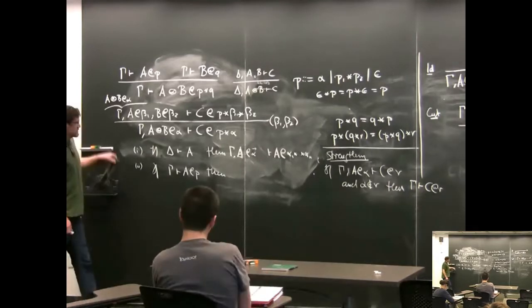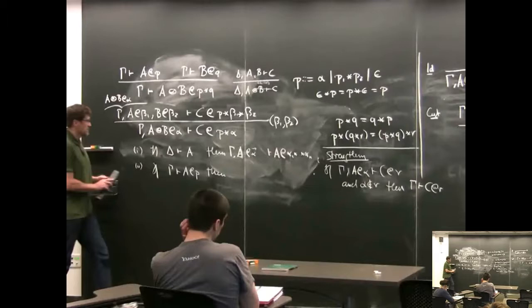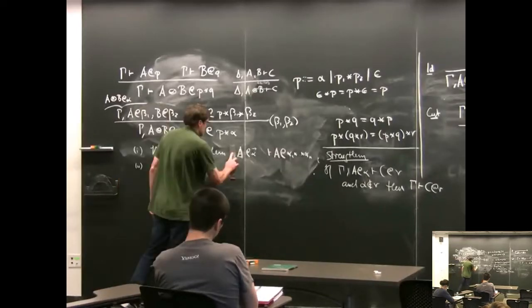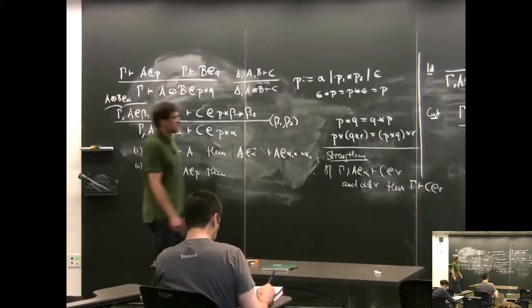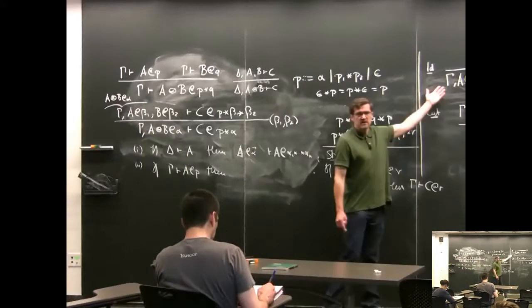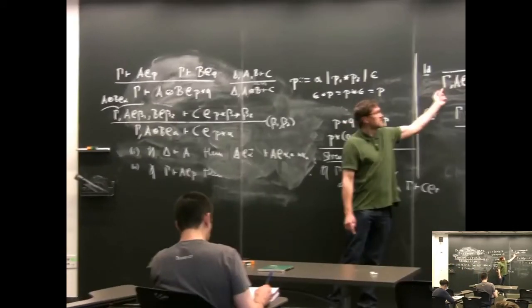My preference would be to put it without the gamma and just prove weakening, because all the rules are monotonic and assumptions never go away. We just need to verify that they're allowed to be left over at the end, and they are, because here anything can be collected in gamma.